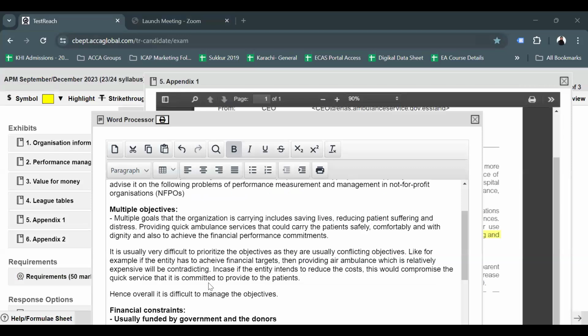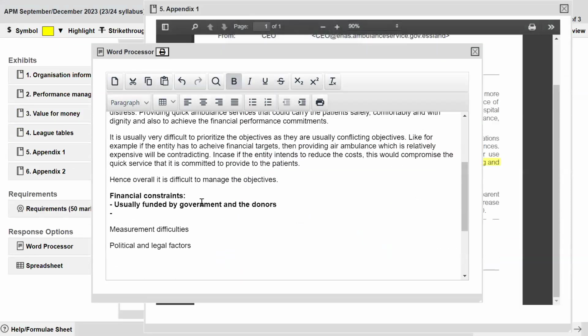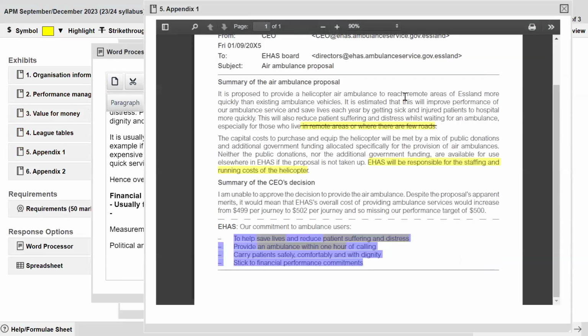Okay, sorry about it. My internet got disconnected anyways. So we were actually talking about it, and if I could just take you through. So yeah, with respect to the financial constraints, these are usually funded by the government.